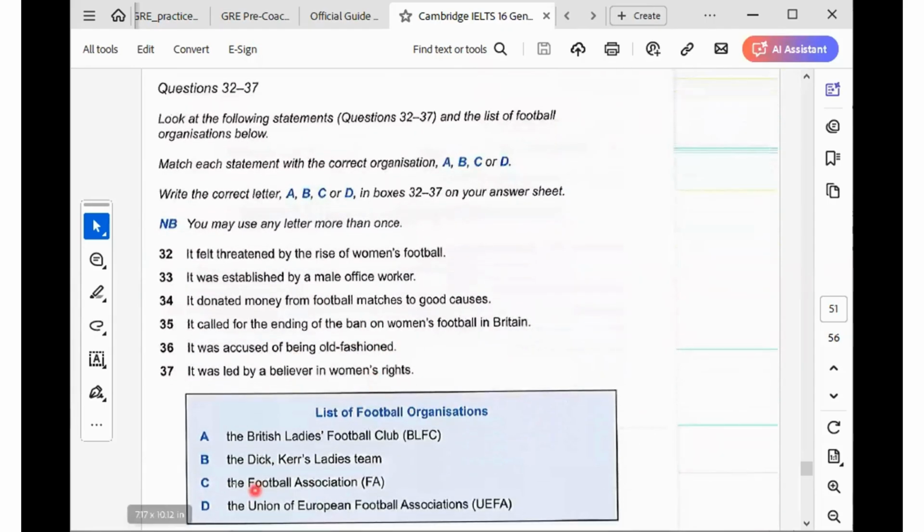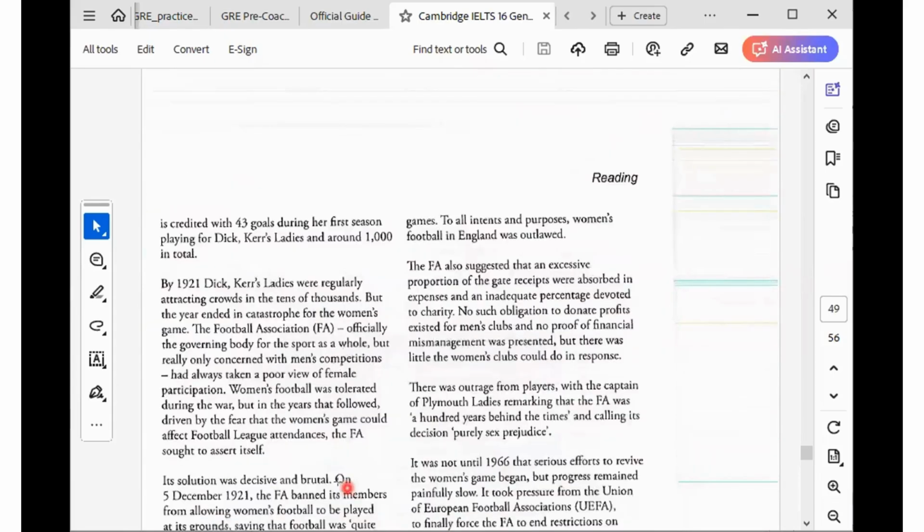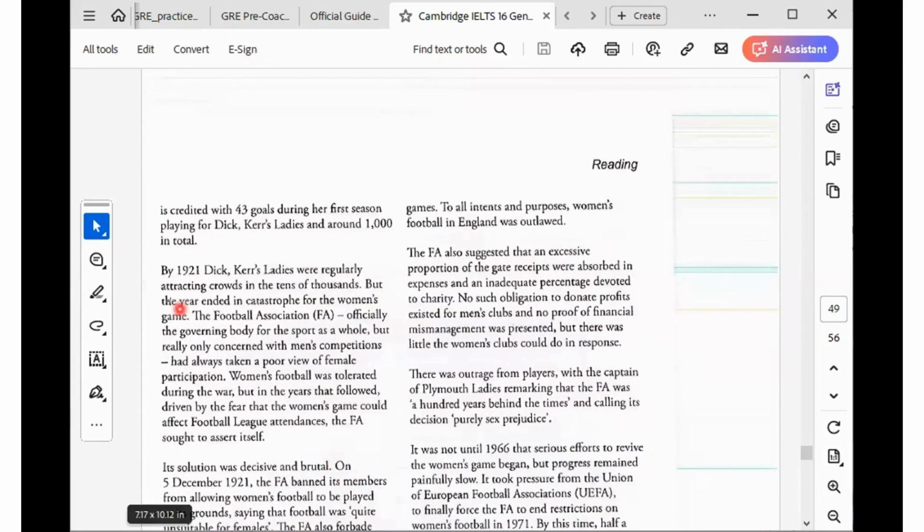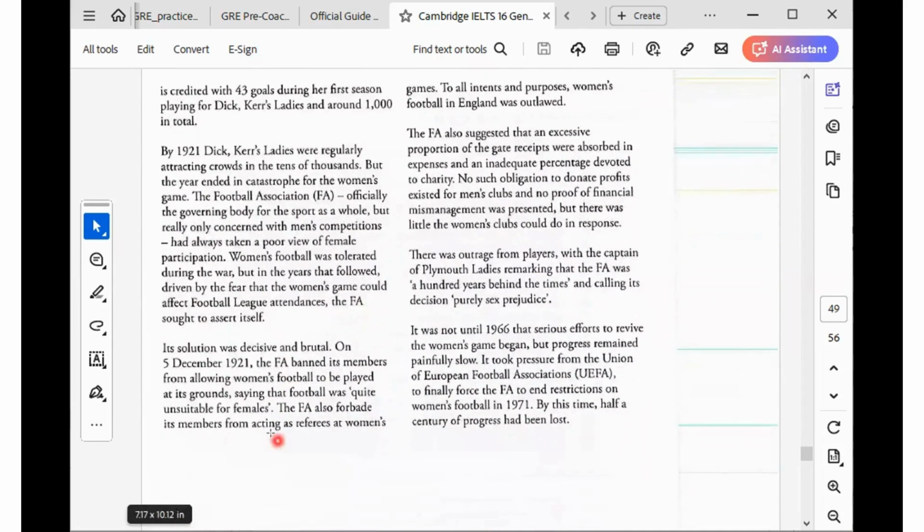Let me move on. The Football Association now. Look at Football Association here. The Football Association, officially the governing body for sports as a whole, but really only concerned with men's competition, had always taken a poor view of female participation. Women's football was tolerated during the war, but in the years that followed, driven by the fear that the women's game could affect football league attendance, the FA sought to assert itself. Its solution was decisive and brutal.